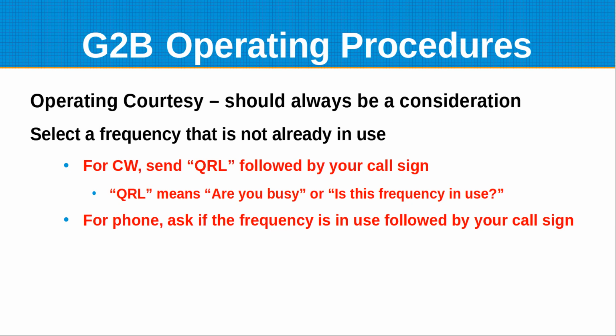If you're doing CW, you send a QRL code followed by your call sign, which is a question of is this frequency busy or in use? If you're doing voice or phone, you ask if that frequency is in use. Or you could say QRL, if they would know what it was.